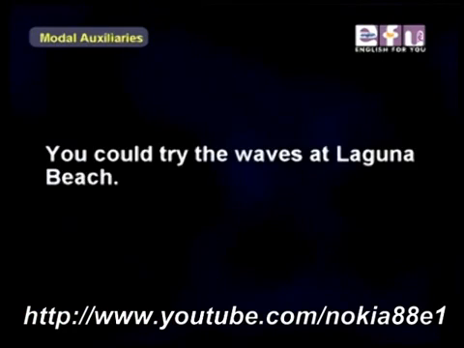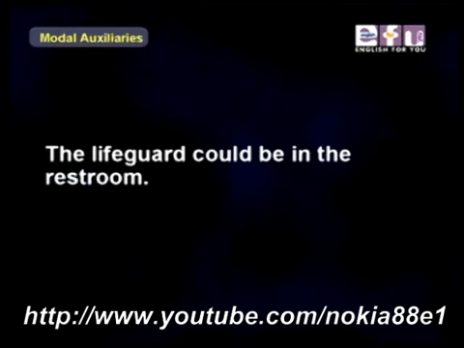Okay, the third sentence, we're using could to make a suggestion. You have a good idea, you want to tell someone, so you say, you could try the waves at Laguna Beach. Okay, the fourth sentence, could is now used for possibility.